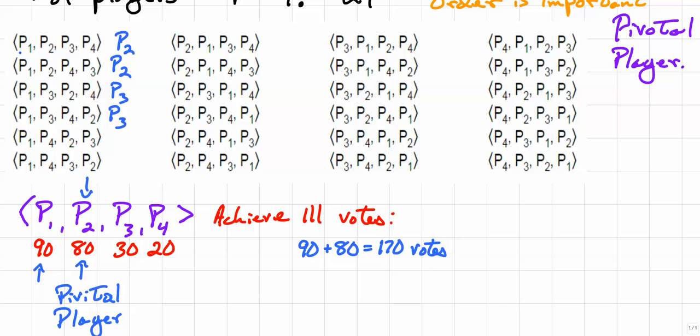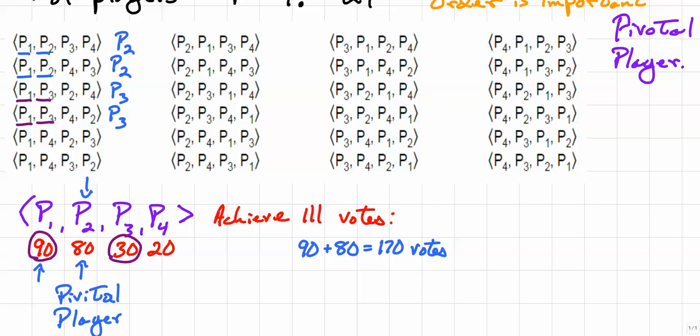Because if we look at these players, this is going to be 90 plus 80, which gives us 170. This is 170 also. Then we move to this one, which is P1 and P3, but remember that P1 is 90 and P3 is 30, so 90 plus 30 is 120, so therefore P3 is a pivotal player. That works again here and here.